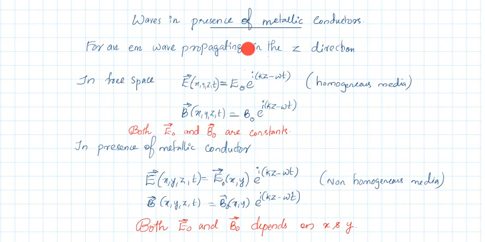Now, the important thing is, when you consider the propagation of waves in the presence of a metallic conductor, what is the difference? For an electromagnetic wave propagating in the Z direction, if it is in free space, we have the electric and magnetic fields as E equal to E0 e raised to i(kz minus omega t), B equal to B0 e raised to i(kz minus omega t).